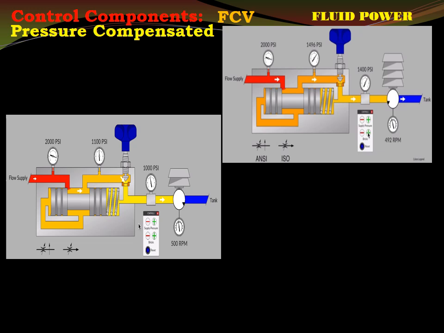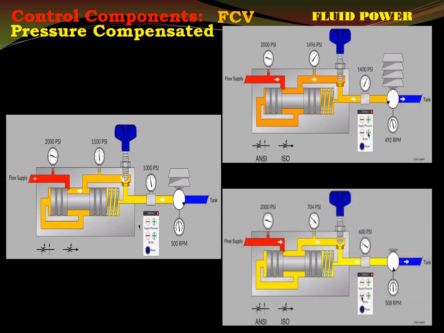What about if we drop the load? Here it is. See, load is removed. Even then, speed remains 508 rpm, almost constant. And since load has been removed, pressure here also falls to 600 psi.